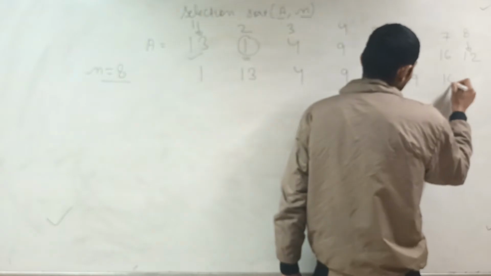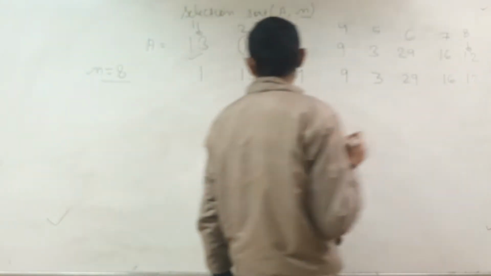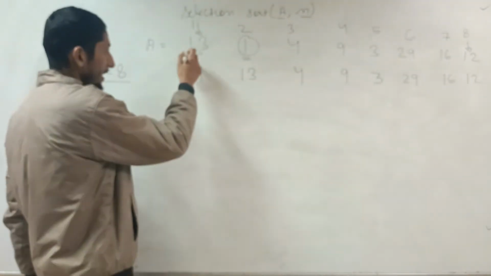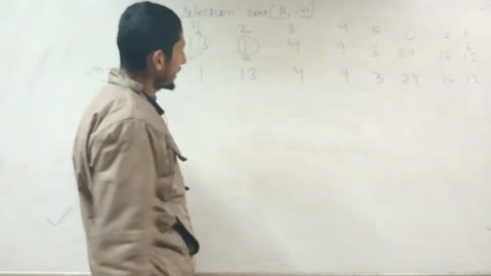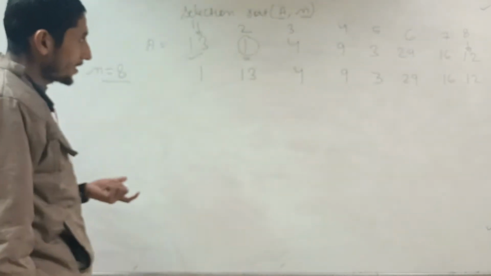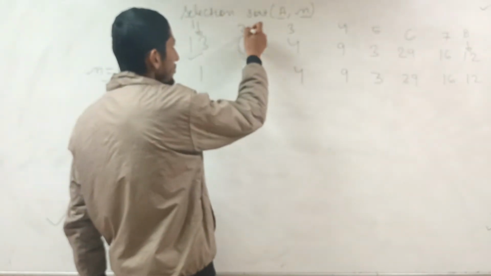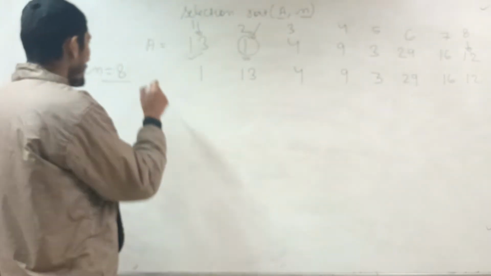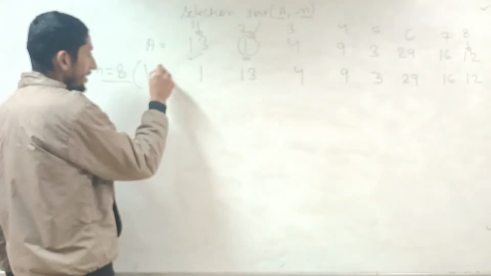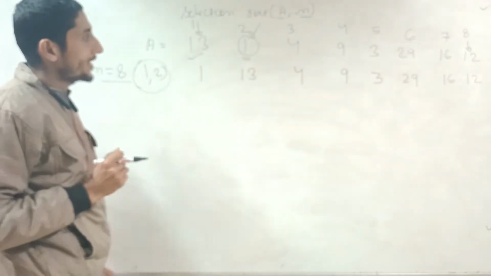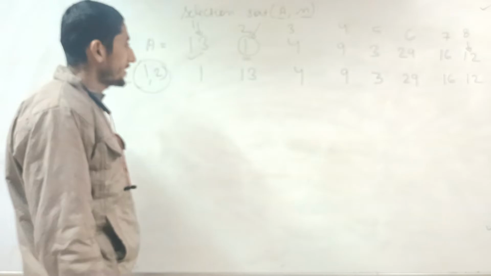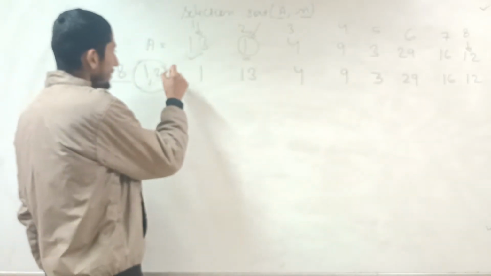So let me repeat the concept. First, I will traverse the complete array and find the smallest element's position. I will get 2, so I am going to swap the first and second elements. Are you getting it? Now that is the condition of A.